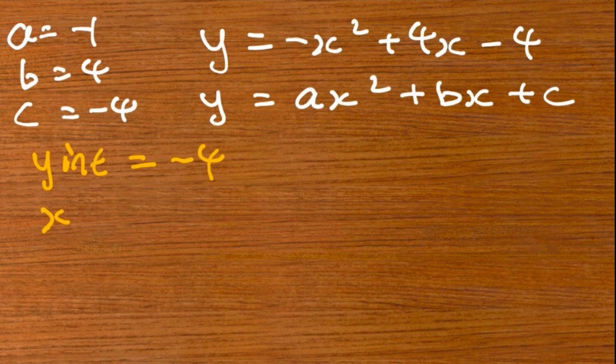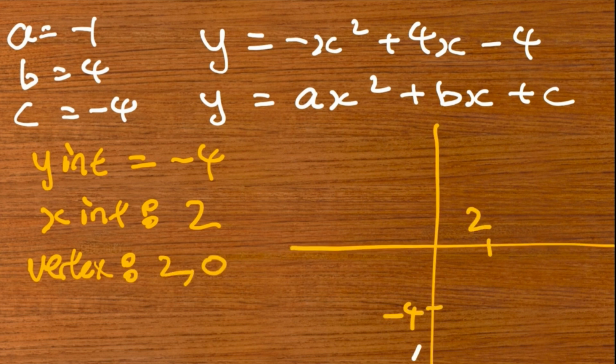The x-intercept, there's only one, which is 2. And the vertex is located at (2, 0). And we have this graph, which has one root and one y-intercept.